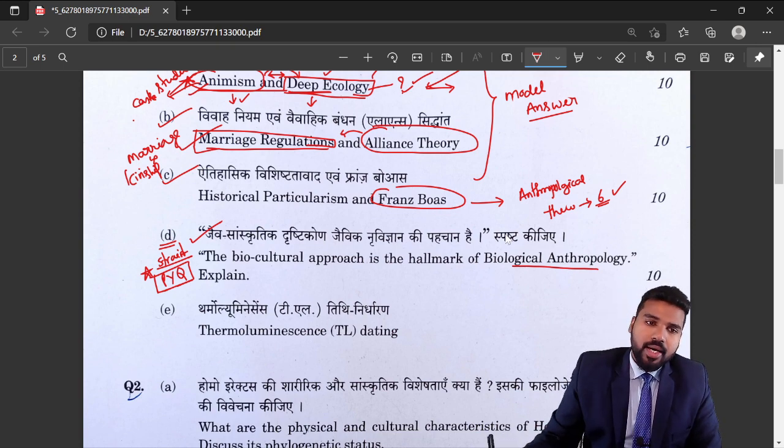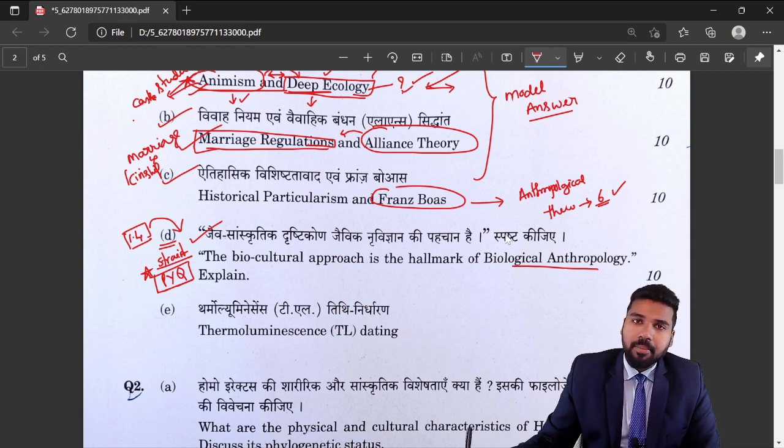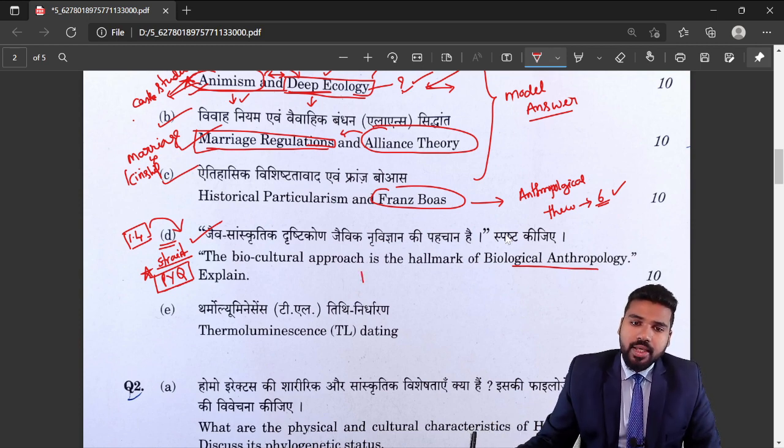You can write it from 1.4 human evolution and biocultural aspects in the evolution, and how this is a part of biological anthropology. See, here also there is a very good mixing, very good integration of the topics, like 1.3 which we talk major branches of anthropology.